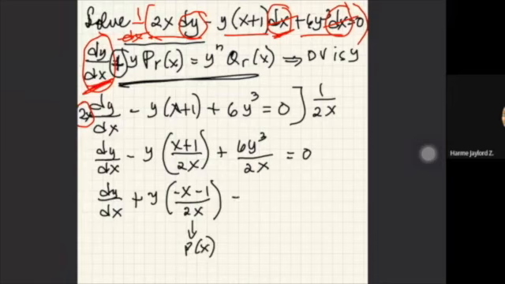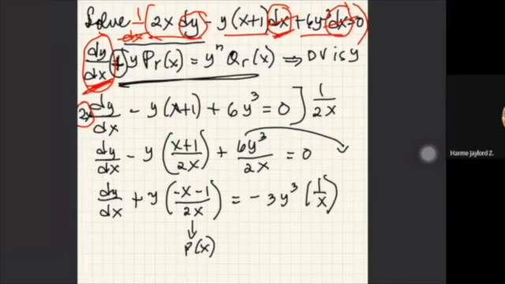And then we transpose this to the other side, to the right side. We have negative 3y cubed, okay, times 1 over x. Right? And so this is, okay, if I'm going to group together, we will remove this 3 here.